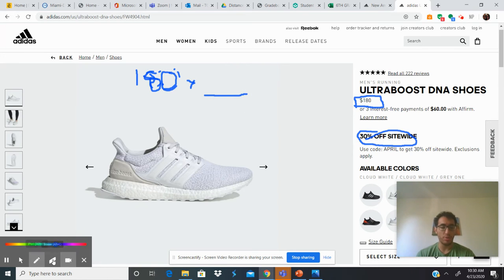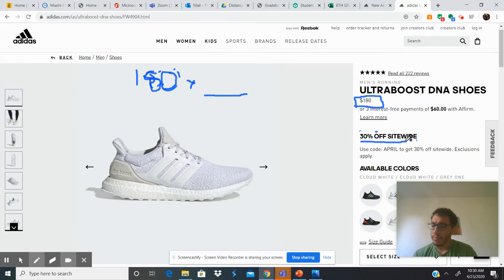Now, what I want to show you real quick is this says here 30% off. 30% off what? 30% off 180, 30% off the total price. Okay? So the total is going to automatically be 100%.